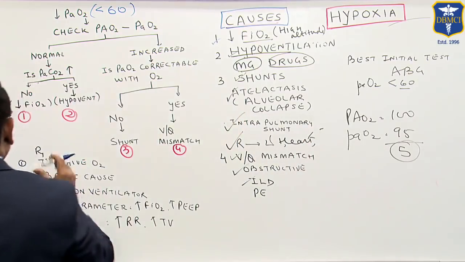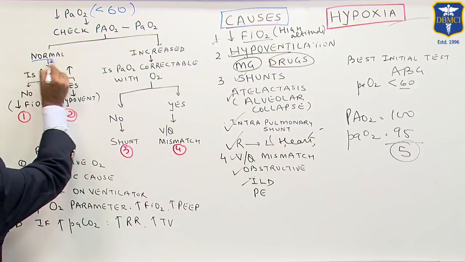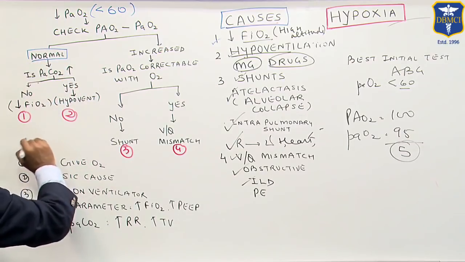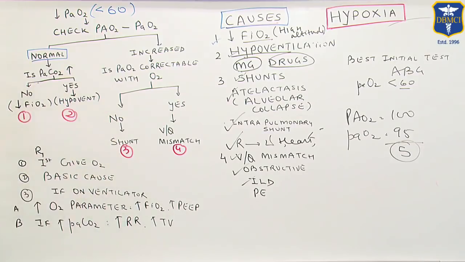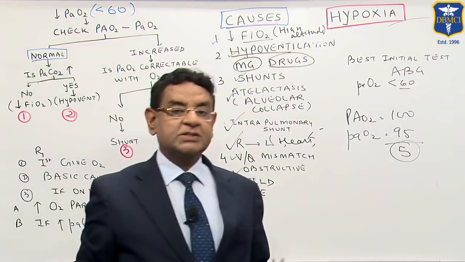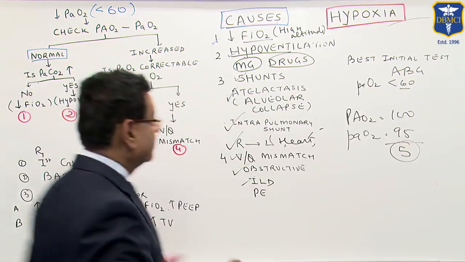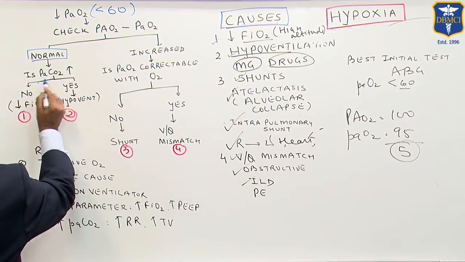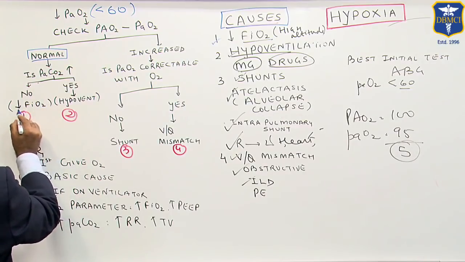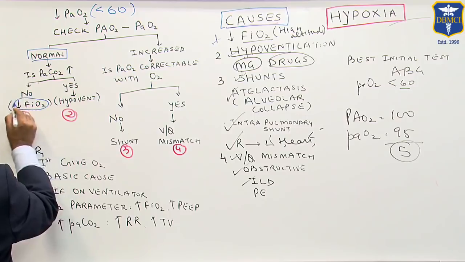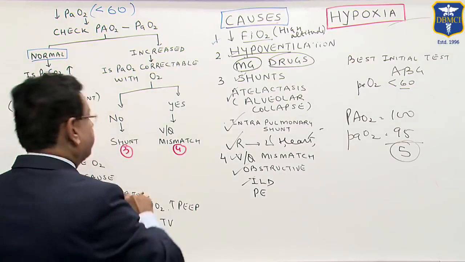So if the gradient is normal, then what do we do? We check CO2. Is PaCO2 increased or not? If it is not increased, that means this patient has reduced FiO2. That is number one.